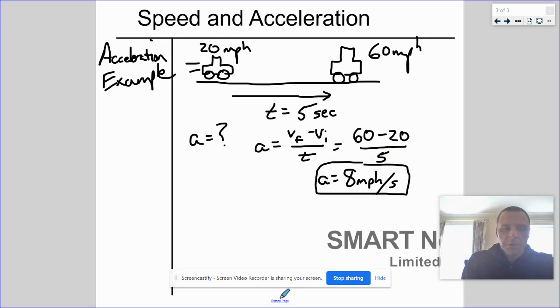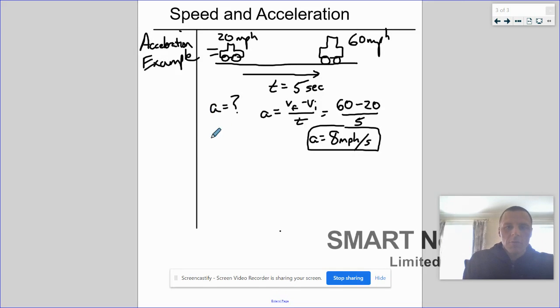Our second example will be this. So part B, this was part A. If the acceleration rate, or the deceleration rate for the slowing down of the car, so the car got up to 60 miles per hour, now it's going to slow down.